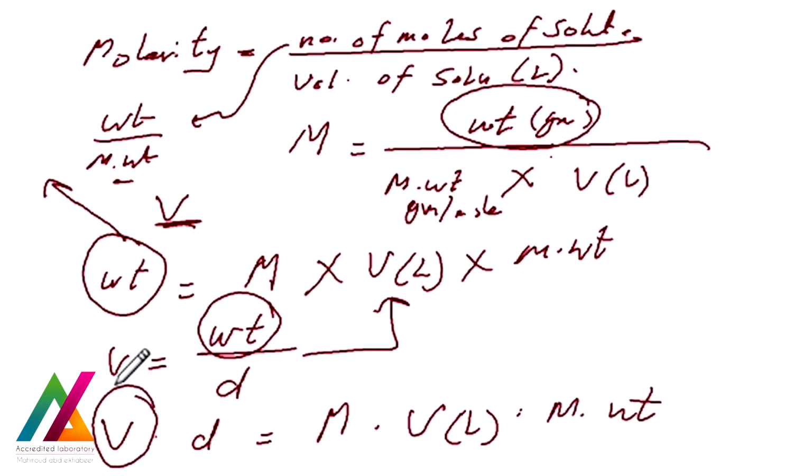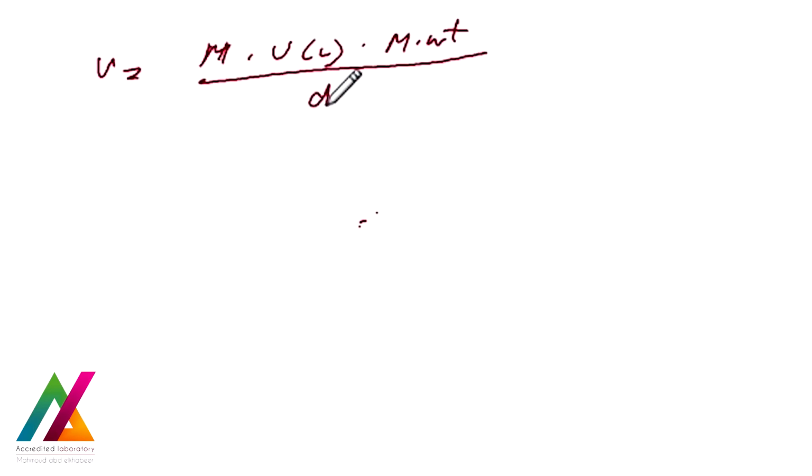V, which is the volume of solution, should be taken from the bottle of H2SO4 to prepare one normal H2SO4. So the volume will be equal to M V, volume of solution in liter, times molecular weight divided by density.